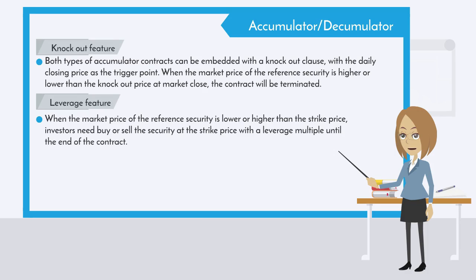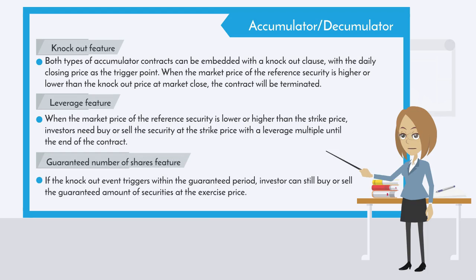When the market price of the reference security is lower or higher than the strike price, investors need to buy or sell the security at the strike price with the leverage multiple until the end of the contract. Third, guaranteed number of shares feature. If the knockout event triggers within the guaranteed period, investors can still buy or sell the guaranteed amount of securities at the exercise price.